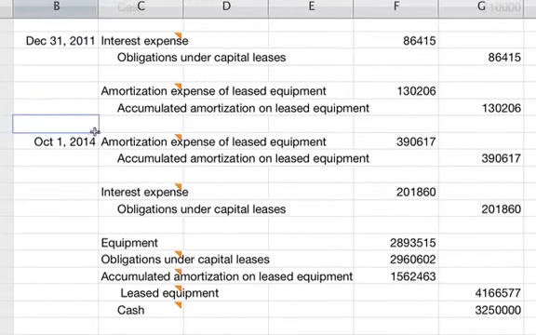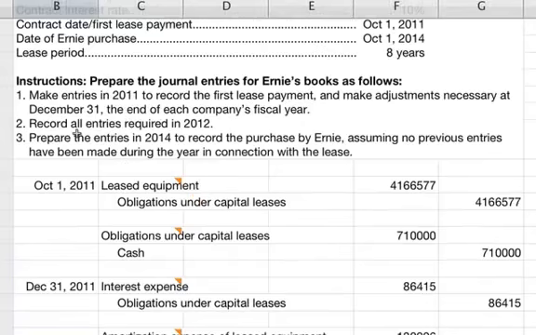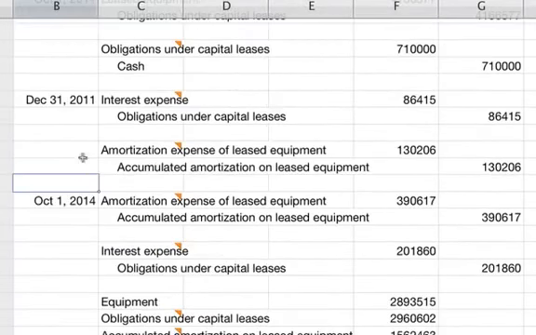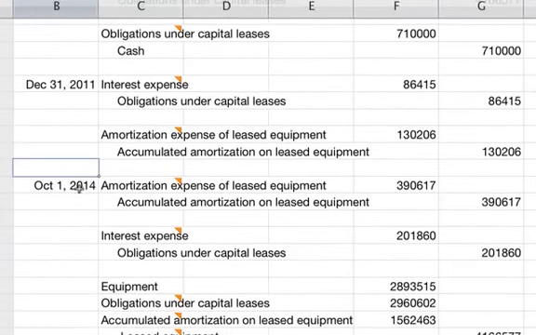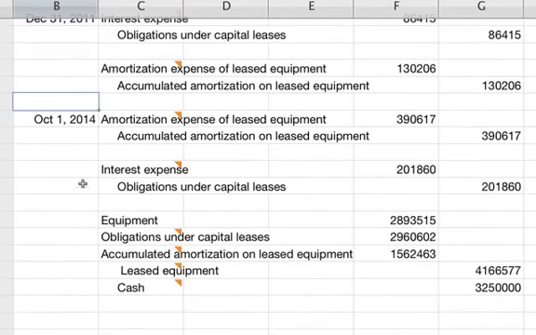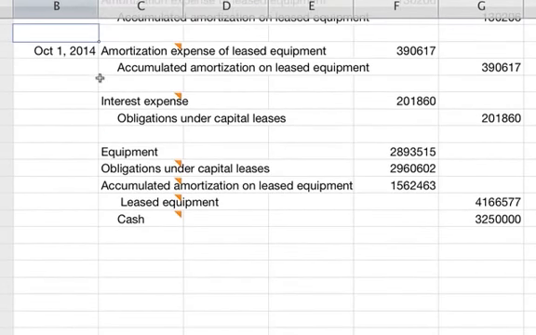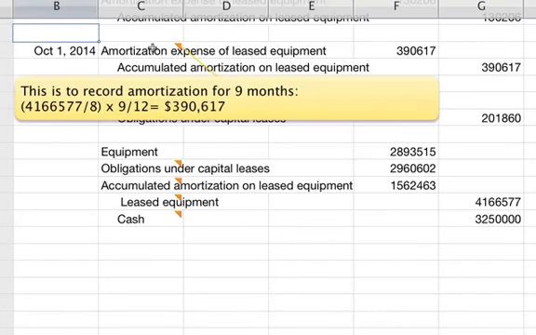Now we're jumping from 2011 to October 1st, 2014. We're going to have amortization expense of leased equipment for $390,617. That's to record the amortization for 9 months in that year.